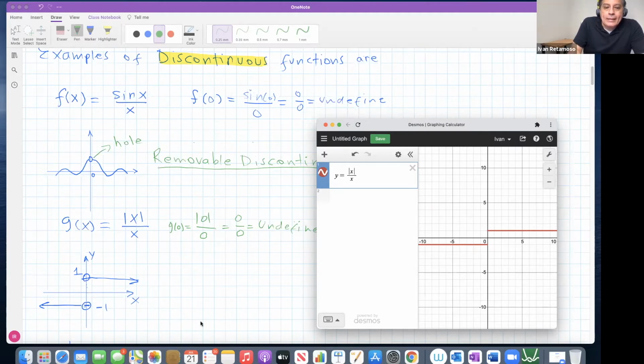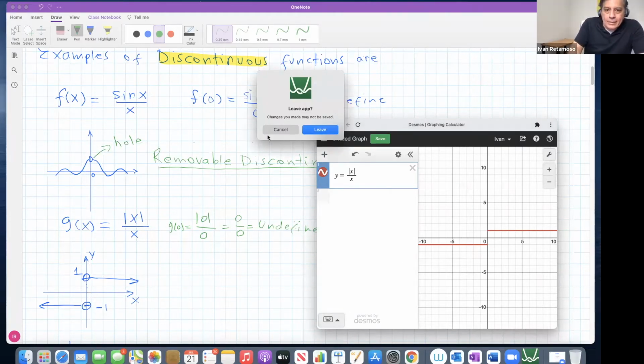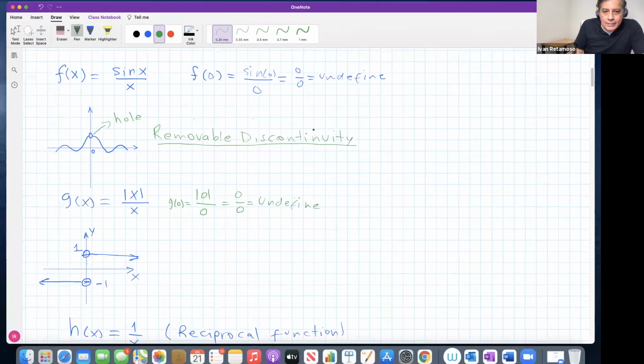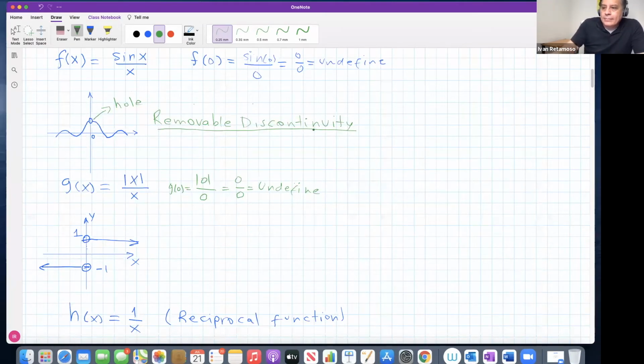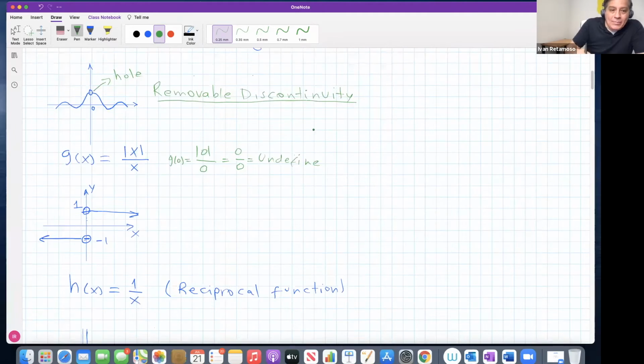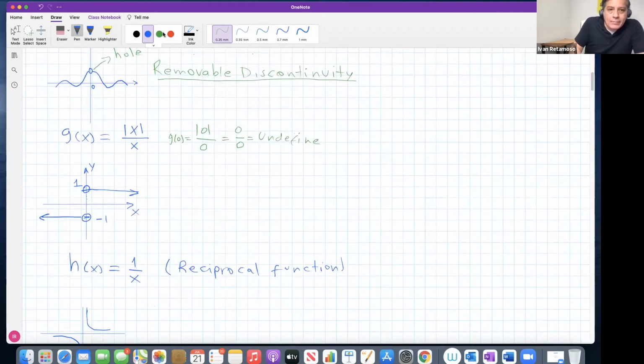Now, when that is the case, mathematicians call this type of discontinuity a jump discontinuity, because what we have here is like a jump, right?